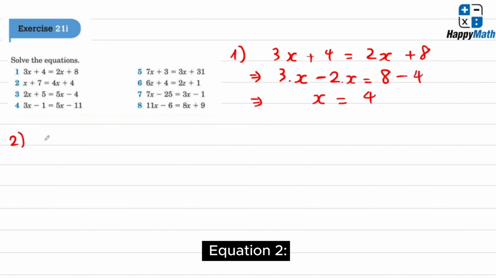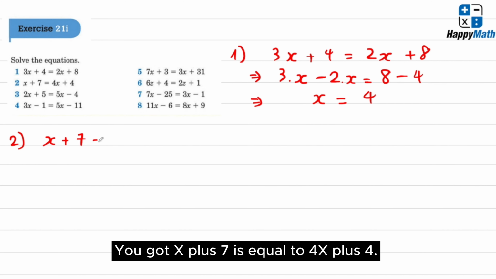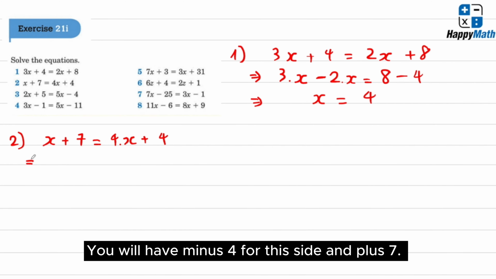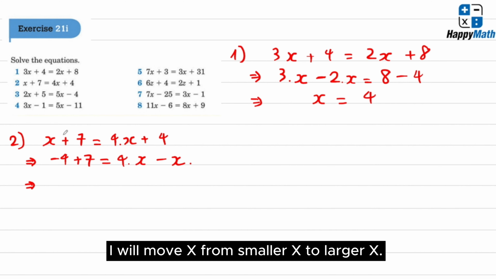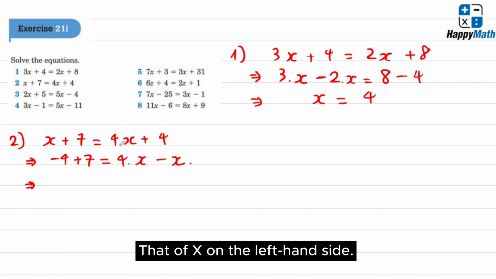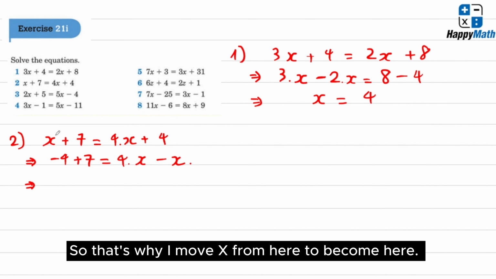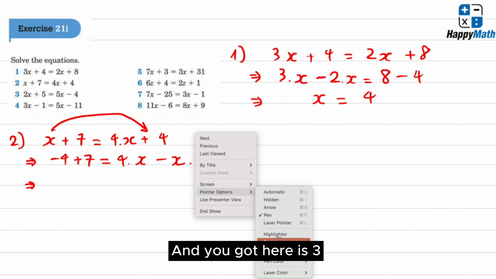Question 2, you got x plus 7 equal to 4x plus 4, and you will have minus 4 on this side, plus 7 and 4x minus x like this. I will move x from the smaller x to the larger x. 4x on the right-hand side is larger than x on the left-hand side, so that's why I move x from here to here.